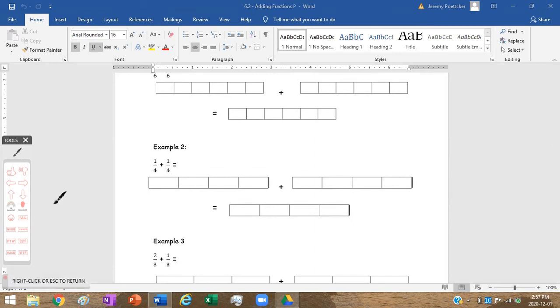1/4 plus 1/4. Again, we could shade that in here. It's coloring outside the lines. 1/4 there, 1/4 here. Okay, so we add those together. Now we've got down here, we have 2/4. 2 out of the 4 chunks are shaded in.